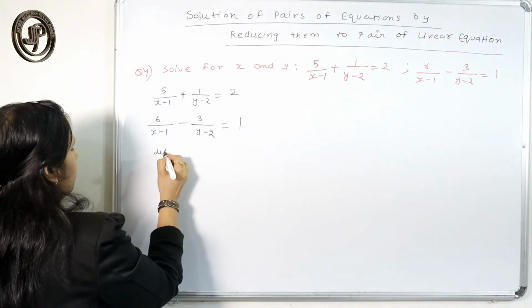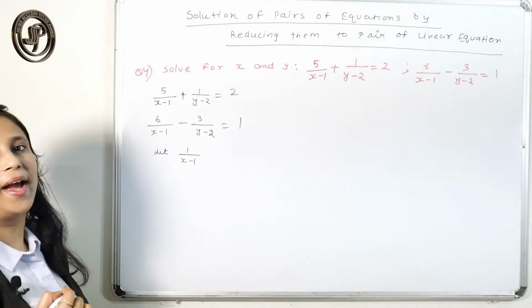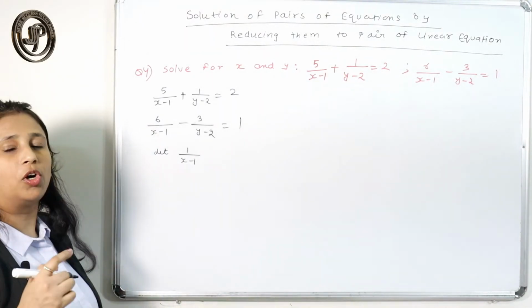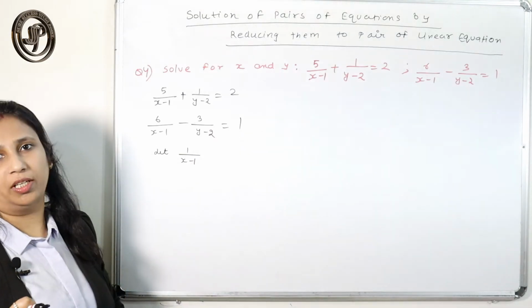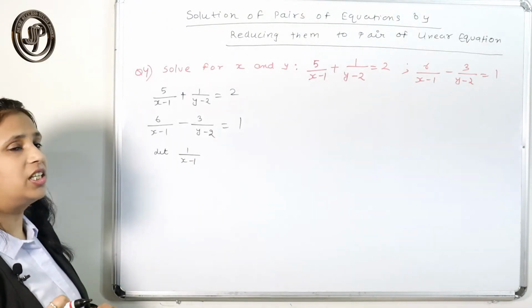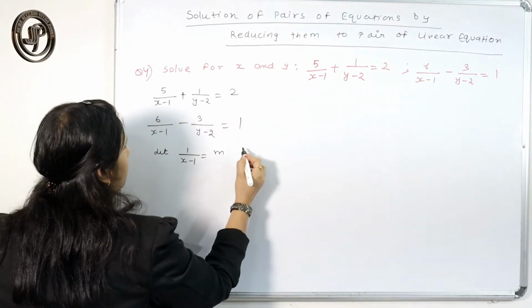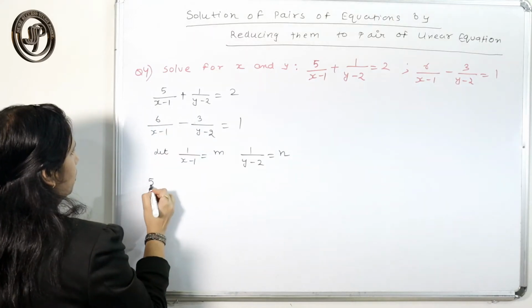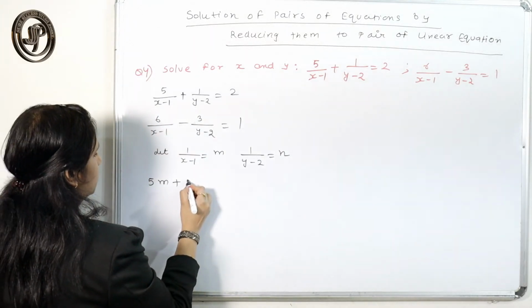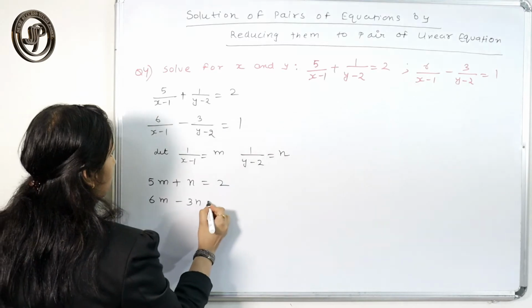Now here, if you consider 1 by x, you can't, because here x minus 1 is one term only. So you have to consider 1 upon the whole x minus 1 as m and 1 upon y minus 2 as n. So now it is 5m plus n is equal to 2, and 6m minus 3n is equal to 1.